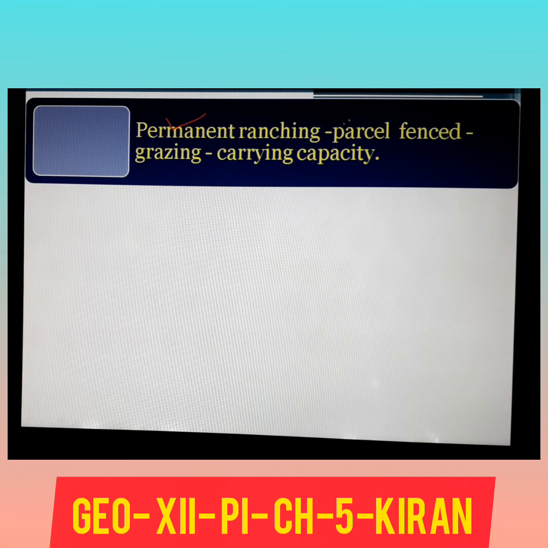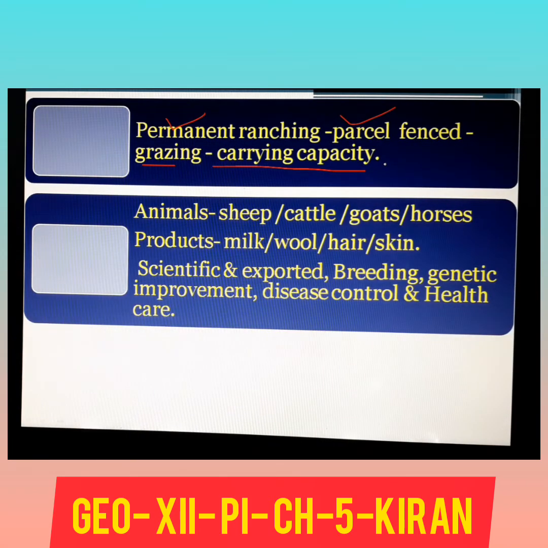The ranches are divided into parcels and are fenced. And the number of animals which are grazed depends on the carrying capacity of that grassland. So the availability of grassland and the area decides the number of animals in particular parcels.